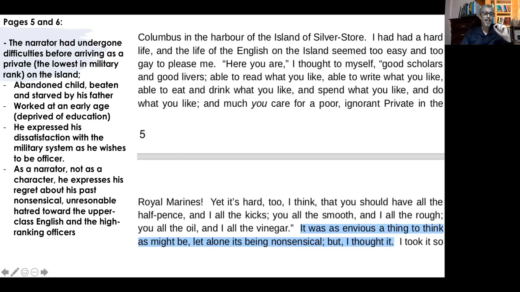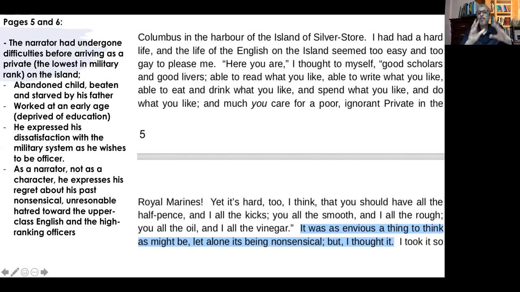Then, as a narrator, not as a character, he expresses his regret about his past, nonsensical and unreasonable hatred toward the upper class English and the higher ranking officers. This is what he expresses, ladies and gentlemen. Now, I'm going to talk to you next about the phase, the before and the after.